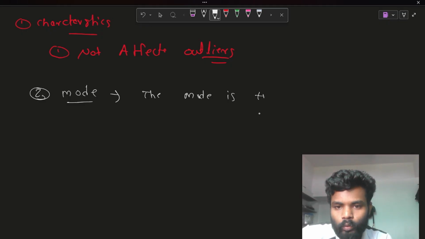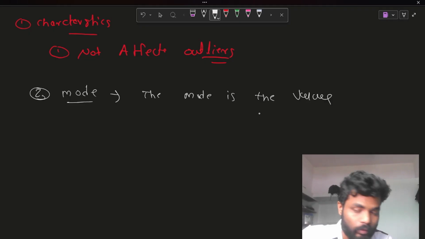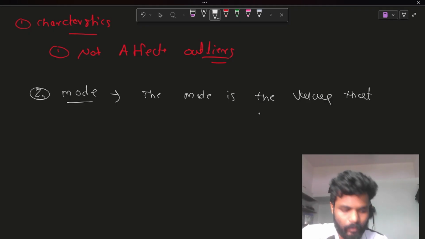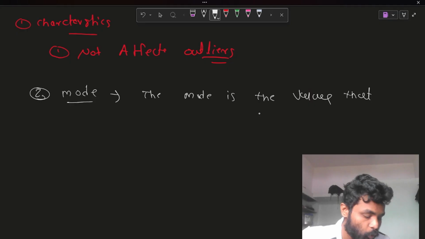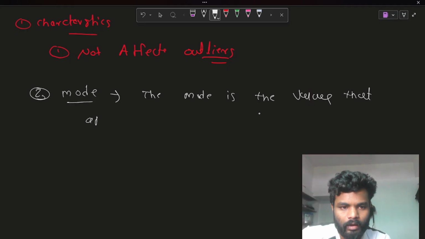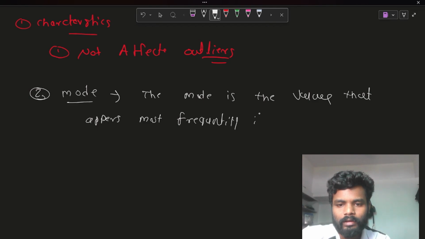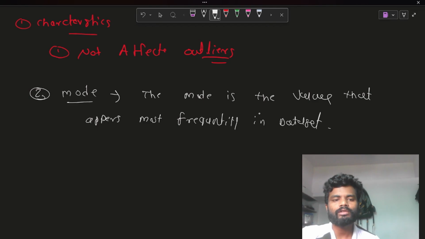The mode is the value that appears most frequently in the data set.